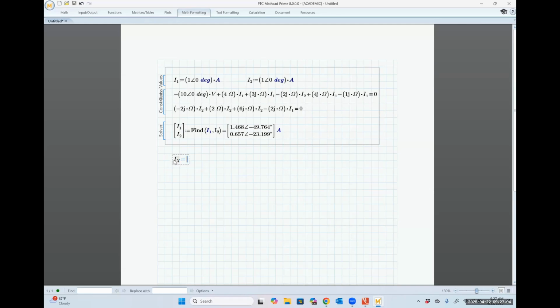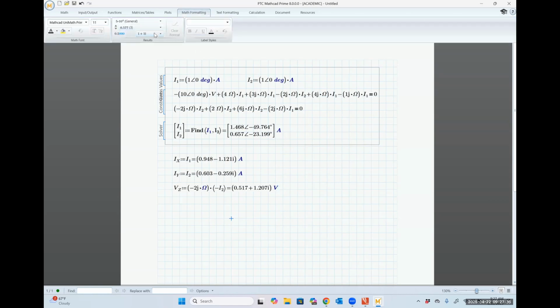So Ix was simply I1, Iy was simply I2, and Vz was negative J2 ohms multiplied by negative I2, excuse me. And I don't know why the math formatting didn't stick for everything.